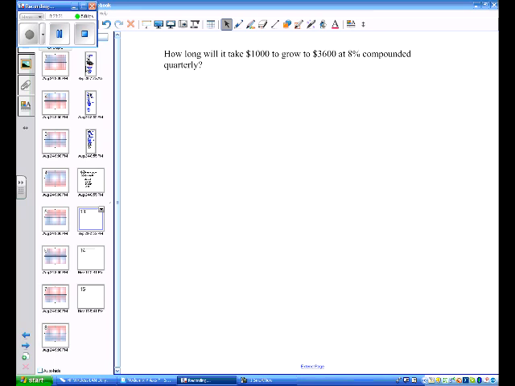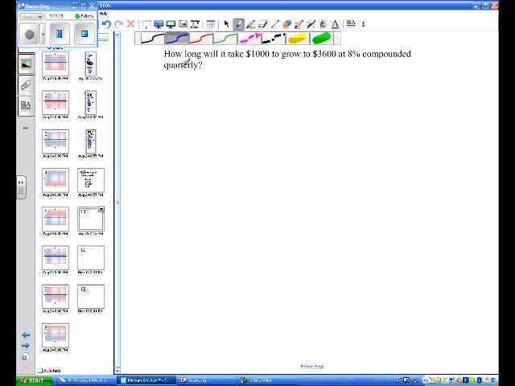So what we're going to do is use our compound interest formula. That was the accumulated amount was equal to the principal times 1 plus the rate divided by the number of compoundings per year raised to the number of compoundings per year times time.